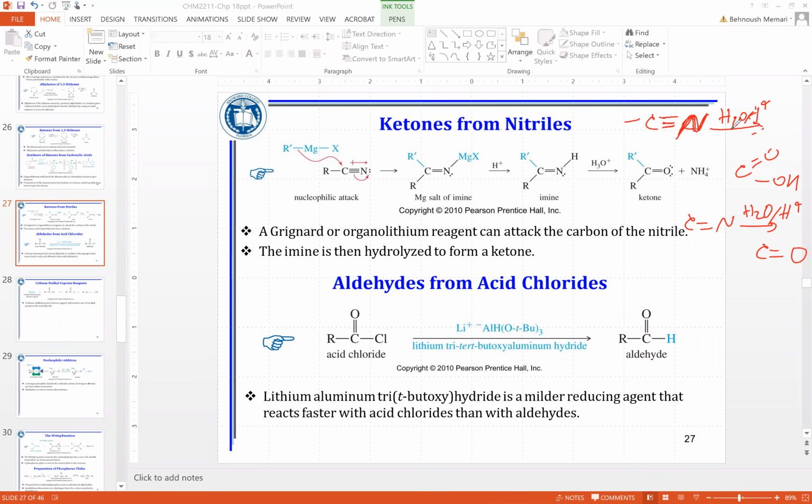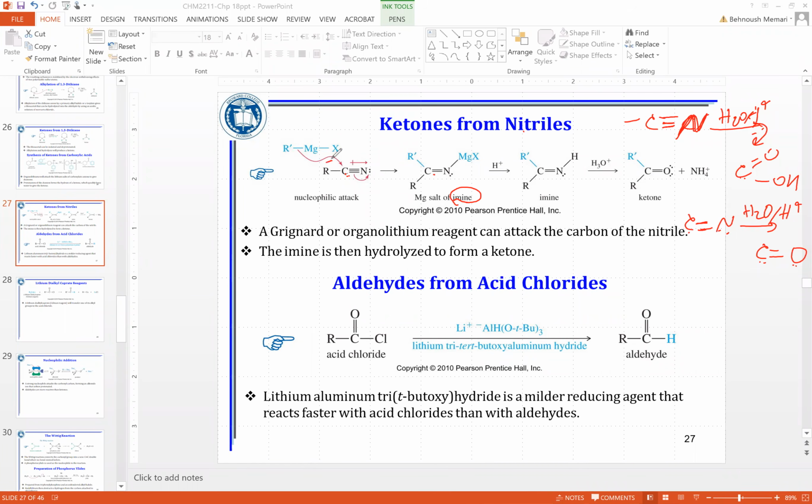If you have a nitrile and you hydrolyze it, you add water in an acidic solution, you would get a carboxylic acid. But if you have an imine, which is a C=N double bond, and you hydrolyze it, it will change to a C=O double bond. Now, if you have nitriles and you don't want to get a carboxylic acid, what can you do to change this one to a double bond first?